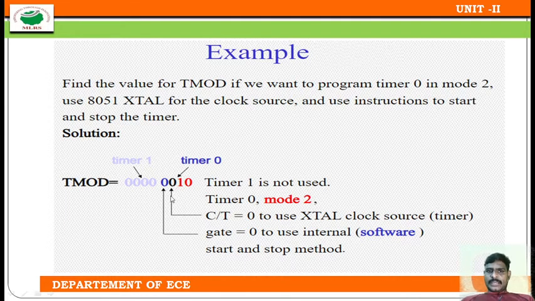The first one is the gate. I am using 0 because I want triggering through software. So the blue 0 indicates I am initializing through software, so I keep it as 0. Then the black one is for use as a timer, so I keep it as 0. And the red is your timer 0 in mode 2 operation.